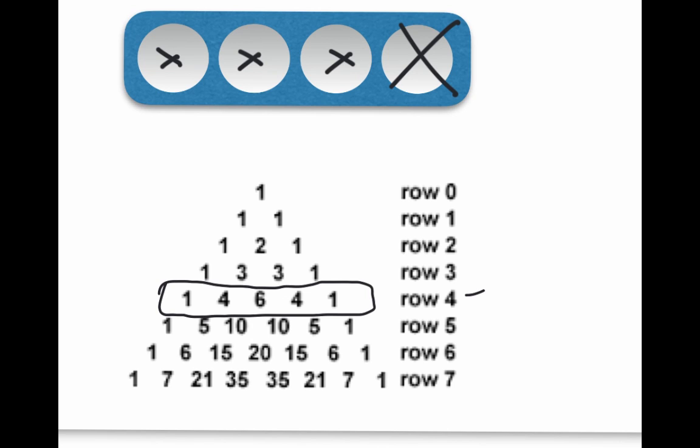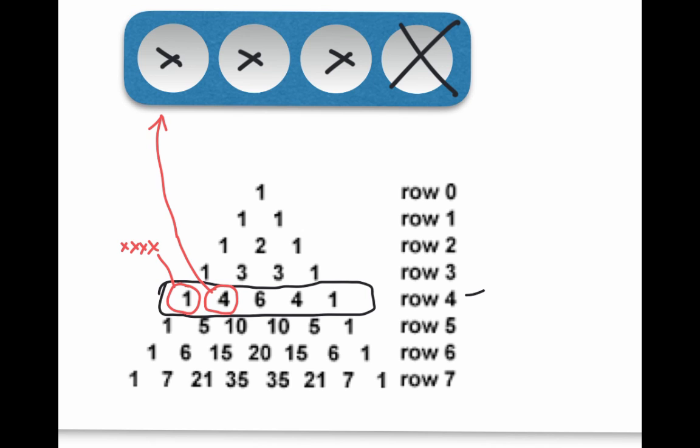This is the row for 4 slots. This is the row where we can determine the number of combinations for the 2 potential outcomes at each different slot. So if we look at this number, let's go with the red here, it means that there is only one way of getting, for example, little x, little x, little x, and little x. Now the second case, we just determined that there are 4 ways of getting this type of genotype.